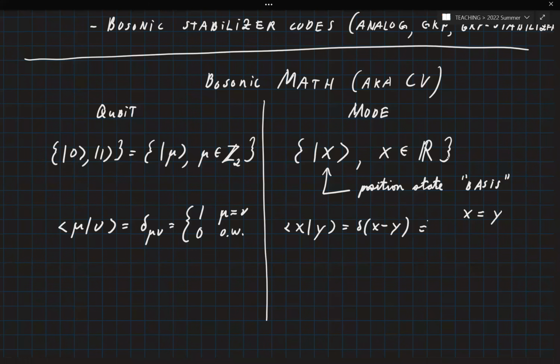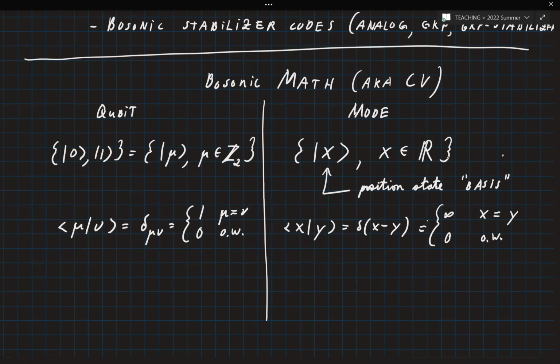It is not to be feared despite it being infinite when x equals y, 0 otherwise. Because as Dirac had suspected a long time ago, it really is a very nice analog of this other delta function, the Kronecker delta function.